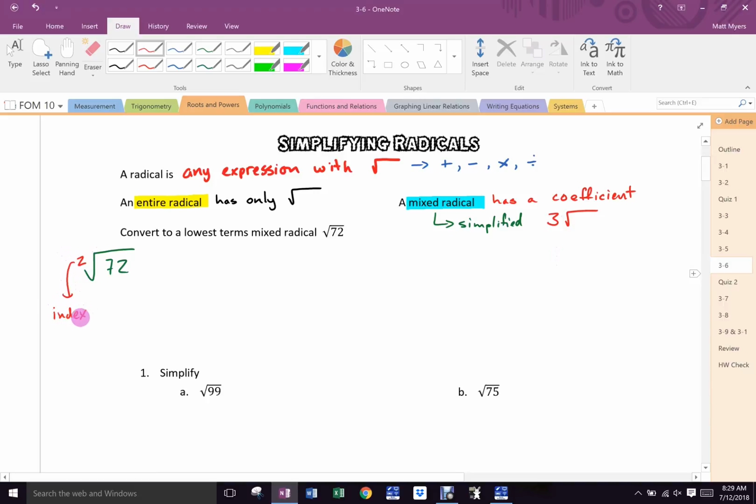The index tells us how many factors we seek. So when it's a 2, I'm looking for groups of 2 factors. Everybody understand that? Right? Like the square root of 36 is 6, because 6 and 6, 2 equal factors. Everybody's good?